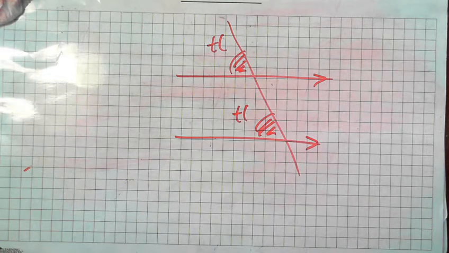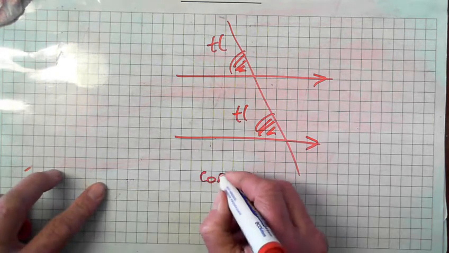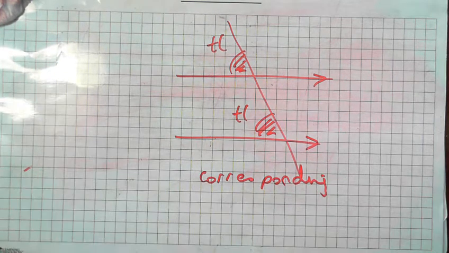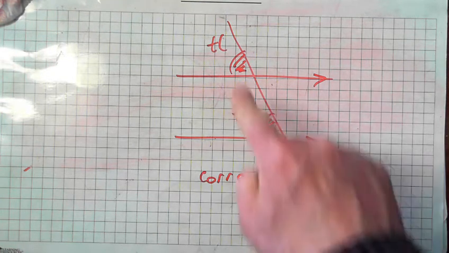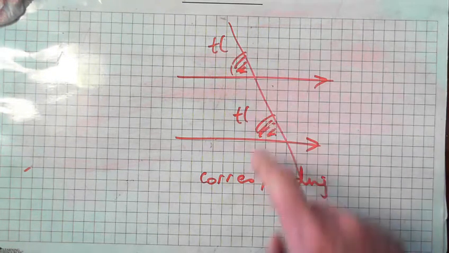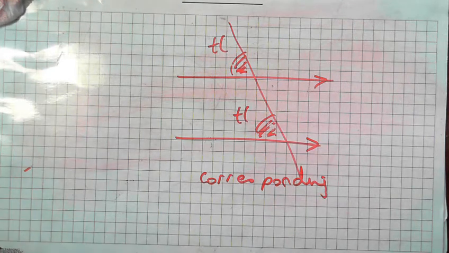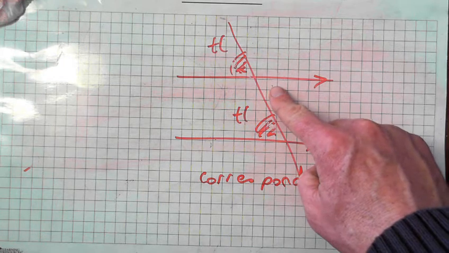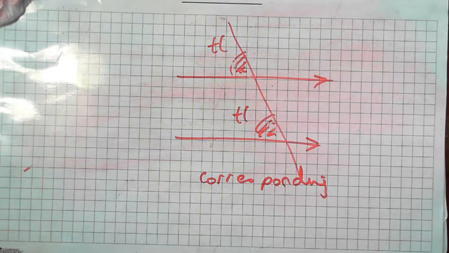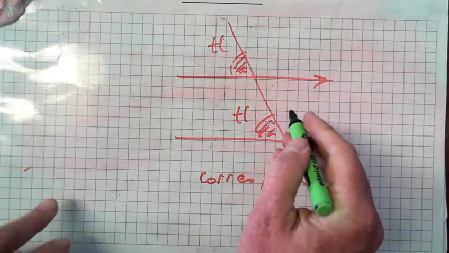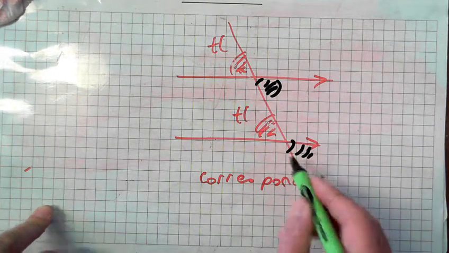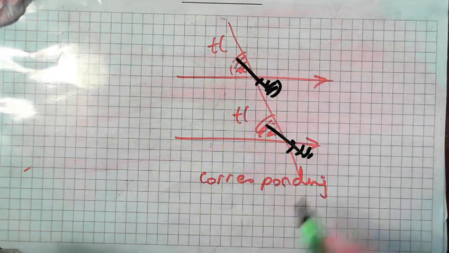So they are corresponding. Corresponding, remember, means they're on the same side, top left and top left. So if this one is 30, this one is 30. What can you tell me about this angle? This one's called opposite. Opposite angles are also equal, aren't they? So these two angles are the same, these two angles are the same.